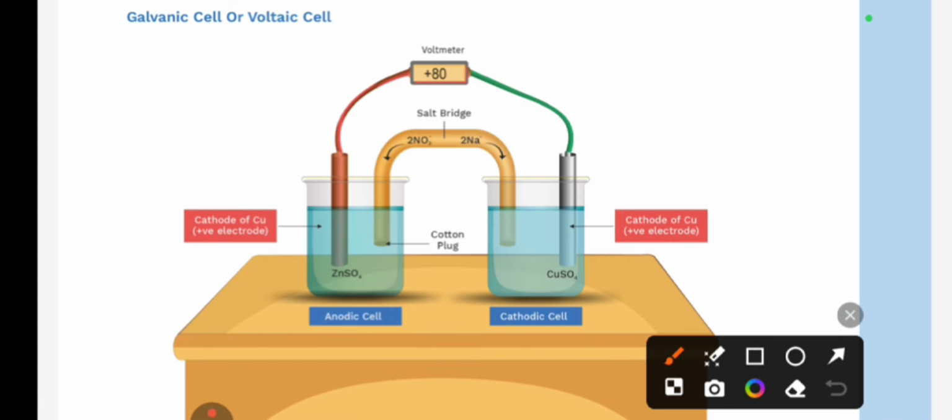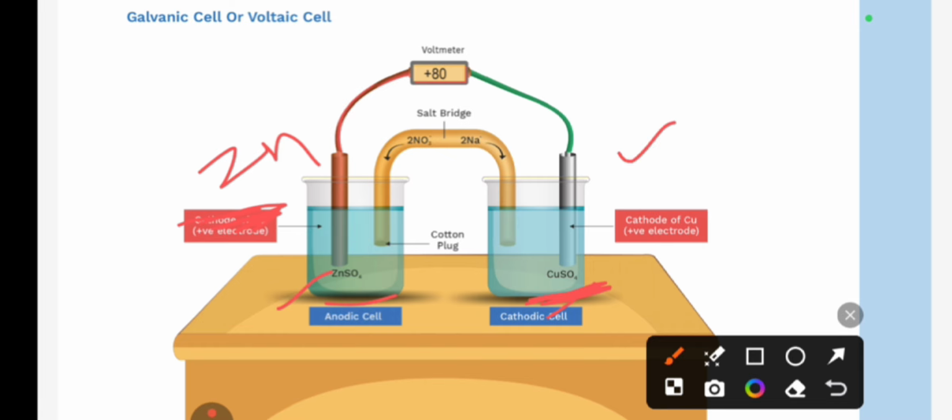This is the type of electrochemical cell in which you have to keep two separate beakers, first beaker and second beaker. In the first beaker they have kept zinc sulfate solution in which they have dipped a rod made of zinc, and the second solution is copper sulfate in which a copper rod is dipped.